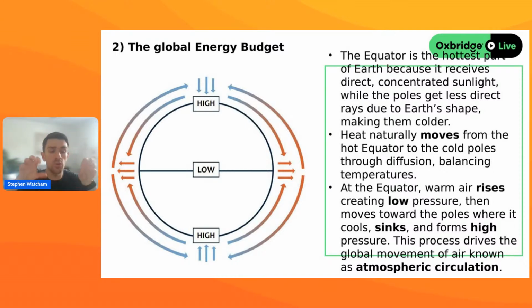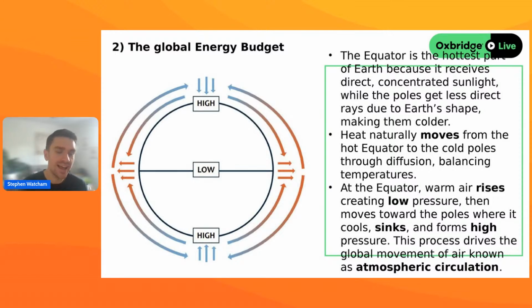And so the sunlight at the poles is spread out, the sunlight at the equator is concentrated. Now, naturally, just like the radiators in your home, heat moves from hot to cold. So we have this general transfer of heat from the equator towards our poles, where it cools down and then moves back towards our equator.